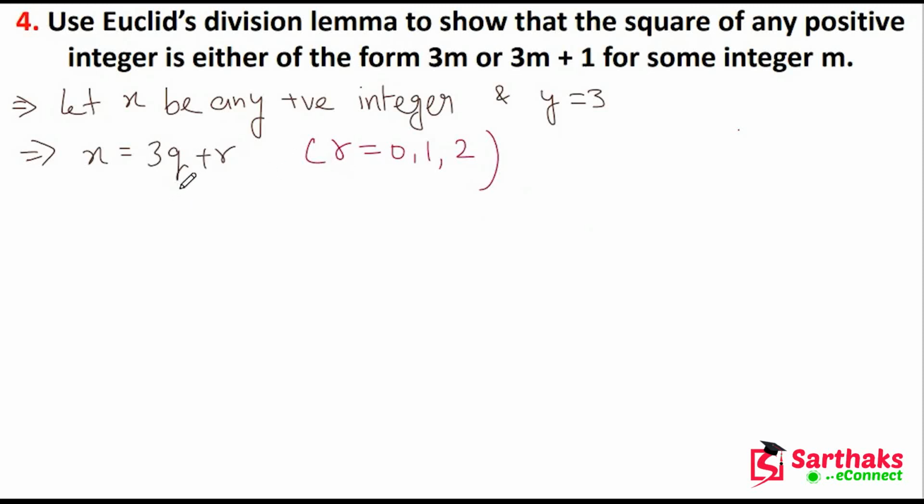As per the question, we have to square both sides. So now we put in the value of r step by step. First, if r equals 0, x equals 3q. Now we have to square both sides.